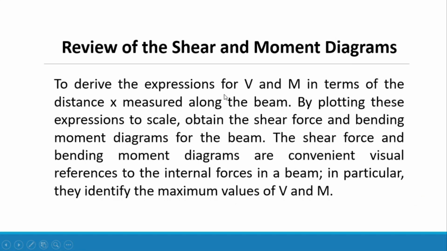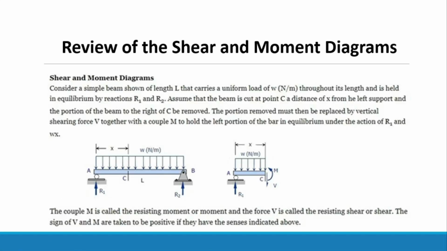To derive the expressions of V and M in terms of the distance x measured along the beam. By plotting these expressions to scale, obtain the shear force and bending moment diagrams for the beam. The shear force and bending moment diagrams are convenient visual references to the internal forces in a beam. In particular, they identify the maximum values of V and M.